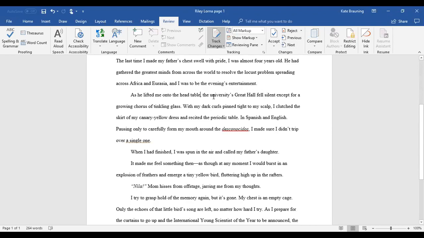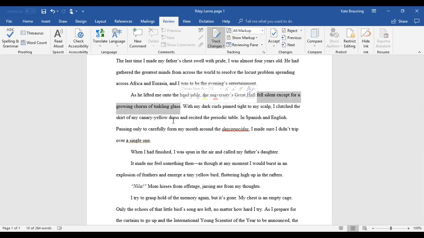Let's see, the next line. Okay, here: the great hall fell silent except for a growing chorus of tinkling glass. Those two things are kind of at odds. If everything else is falling silent, a growing chorus of tinkling glass kind of fights with that, I would say. Maybe except for the tinkle of water glasses, or something about cutlery, forks on plates, something like that, if what they're doing is eating.